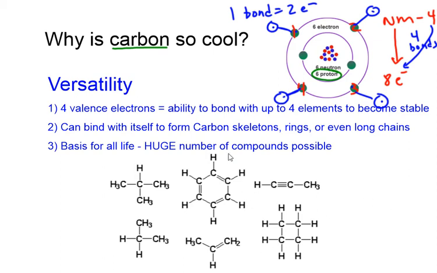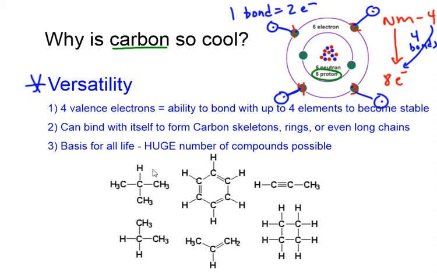So versatility is the name of the game in terms of why carbon is so important. In summation, the 4 valence electrons give it the ability to bond with up to 4 elements. These elements are typically going to be your hydrogens, your oxygens, your nitrogens, and even another carbon atom.